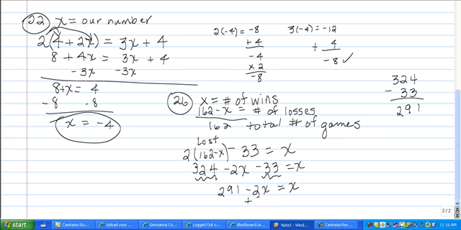We add 2x, and we get 291 equals 3x. Divide by 3.